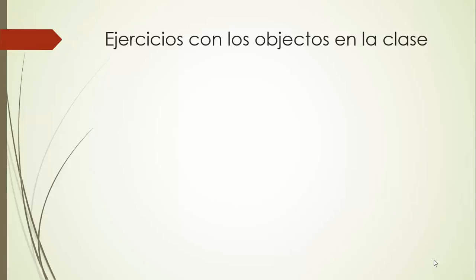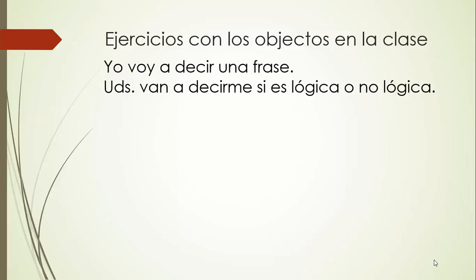You can pause the video while you turn your book if I don't give you enough time. And then we're going to play around with that vocabulary a little bit to help you remember it. Okay, vamos a empezar. Para empezar, yo voy a decir una frase. Okay, this time I'm not going to say an adjective.